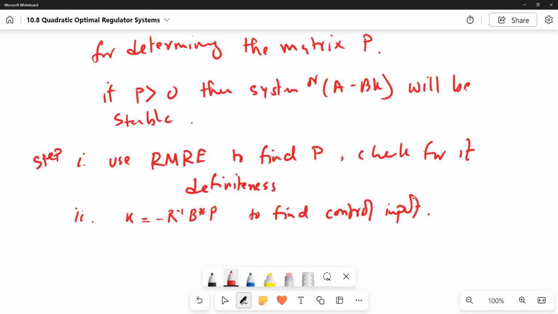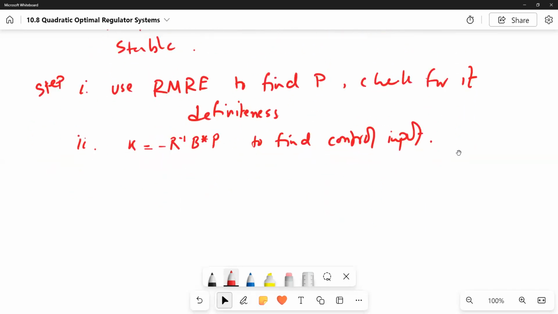This is based on the minimization of the cost function, but the cost function cannot always be like this. It can have different variations. Another variation of the performance index is if you introduce the output vector instead of the state vector.